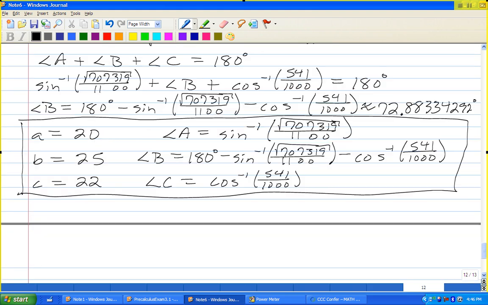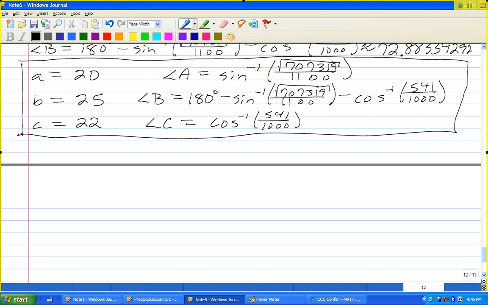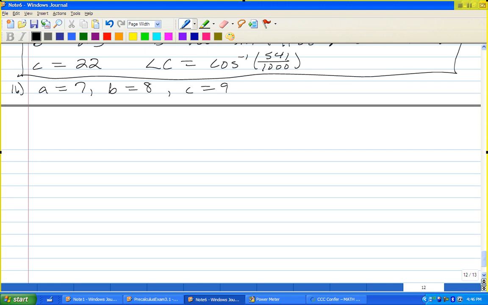Okay, problem number 16. Find the area of a triangle with sides of length 7, 8, 9. So use Heron's formula.